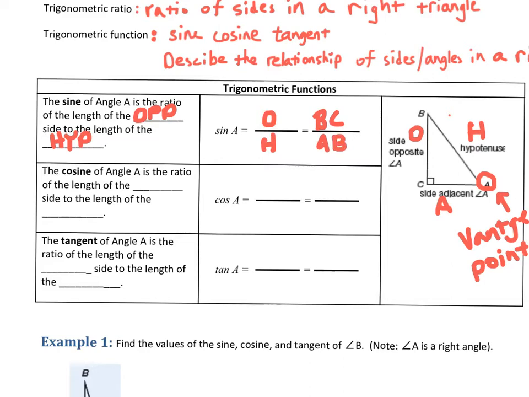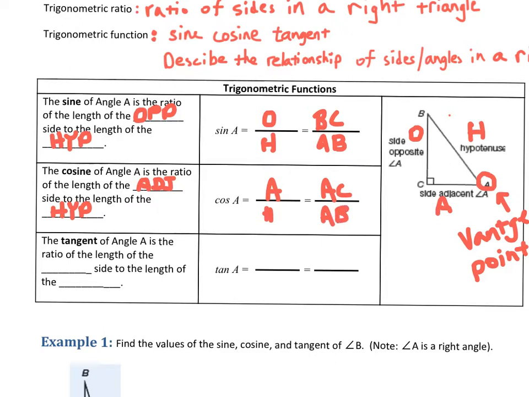Next is cosine. Cosine represents the adjacent side compared to the hypotenuse. So in every right triangle, when we're looking from our vantage point, the cosine ratio represents the adjacent, so the side right next to your angle, compared to the hypotenuse. So A over H, which our labeling here would be AC over AB.